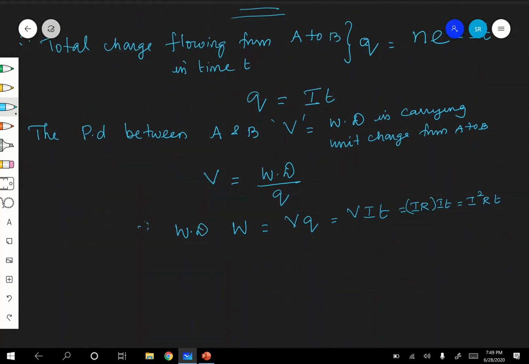Therefore, this work done is what is called the electric work done.